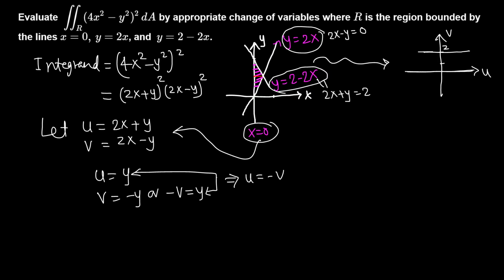Multiplying both sides by negative 1, we get v equals negative u. This is like y equals negative x, and let's graph that. So this is v equals negative u, and here is 2, so this will be negative 2. This is the new region, and we can call it S or D.